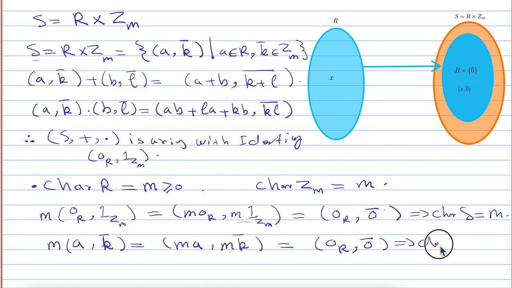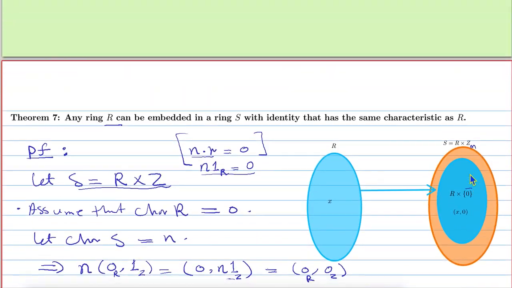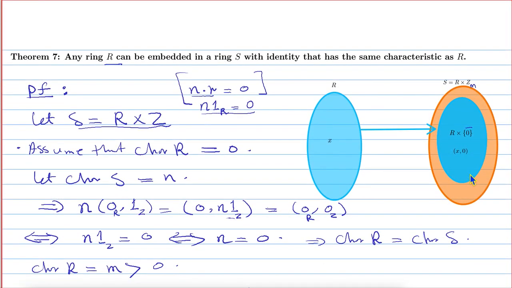So also the characteristic of S equals M. Okay, so we completed this proof that any ring R can be embedded in a ring S such that S is with identity and S has the same characteristic as R. We continue in the next session with further applications on ring embedding and extensions.